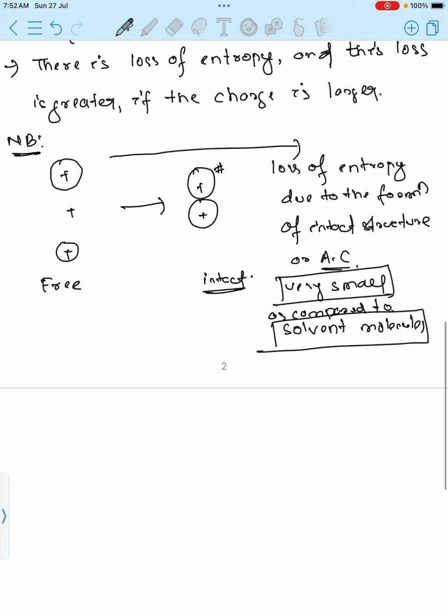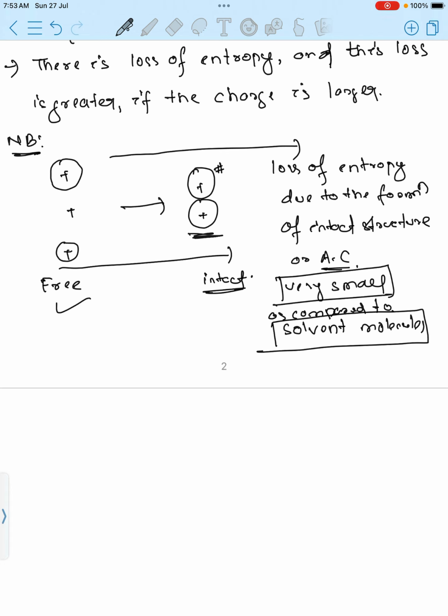Okay, yes, in case of ions forming the activated complex, they are more free when they are present in the free state, when they are not associated with each other. But when they are associated with each other, obviously the freeness will decrease, the randomness will decrease, the entropy will decrease.